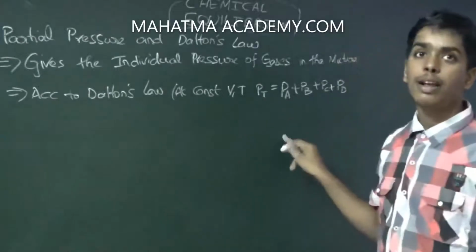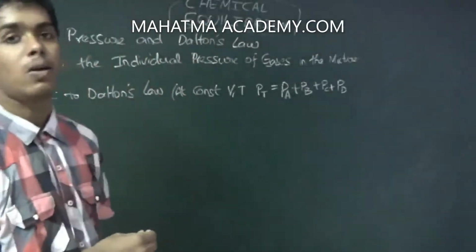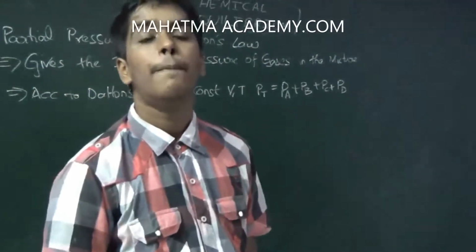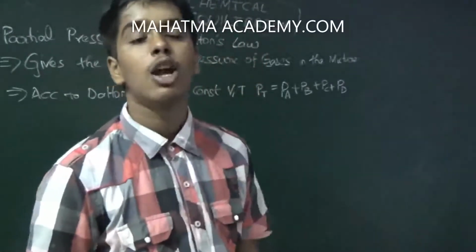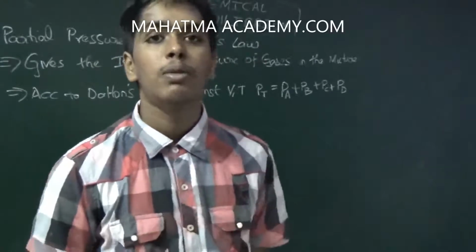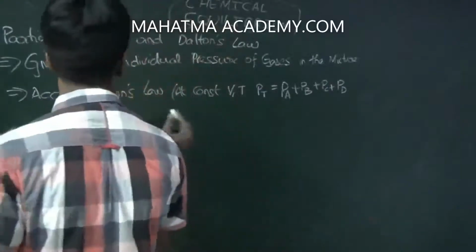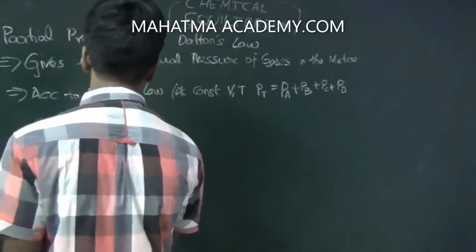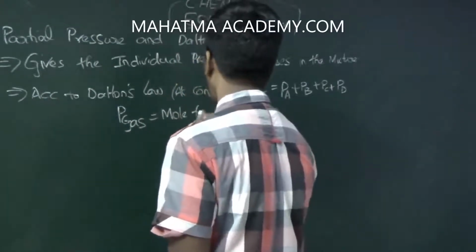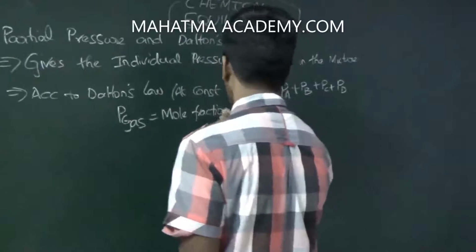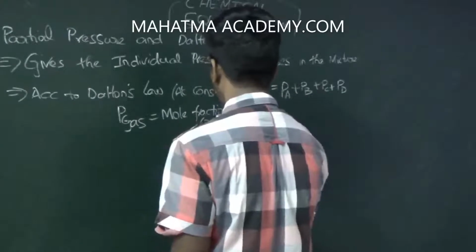We have assumed there are 4 gases. Now the pressure of a particular gas is equal to the total pressure into its mole fraction. As we have discussed, mole fraction is the number of moles of that particular gas divided by the total number of moles. So P of gas is equal to mole fraction into P total.